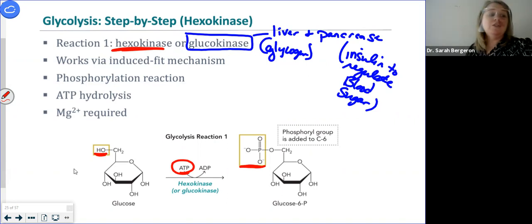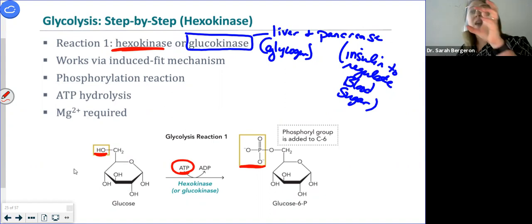Now, when we do this, what's the charge on a phosphate group? -2. So when we are trying to add a phosphate group within an enzyme, that's a really negative group that we're trying to add. And so that can cause really big problems.